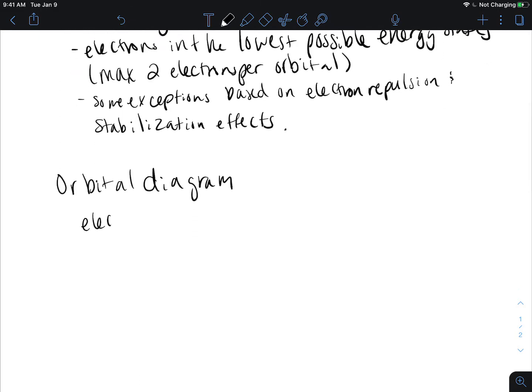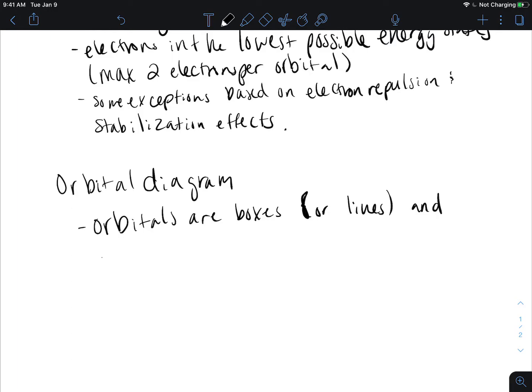So orbitals are boxes or lines. You'll see them as lines as well. And electrons are shown as arrows.